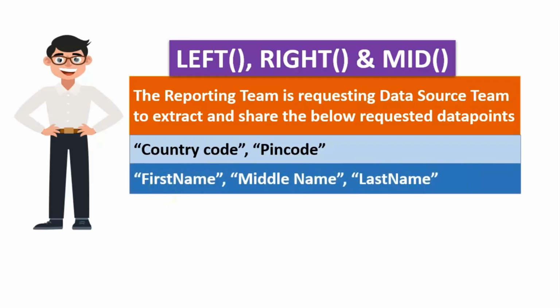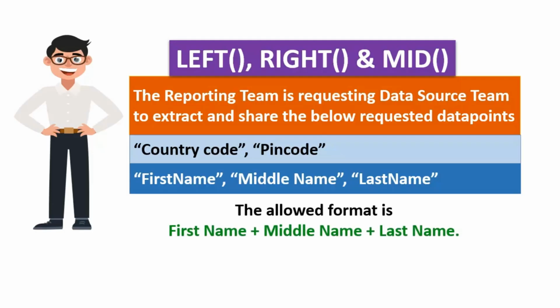Let us now move to our second example. In this, we as the data source team will extract details such as first name, middle name, and last name from the customer name as requested by the reporting team. We will be using the LEFT function, the MID function, and the RIGHT function to extract the required data points.